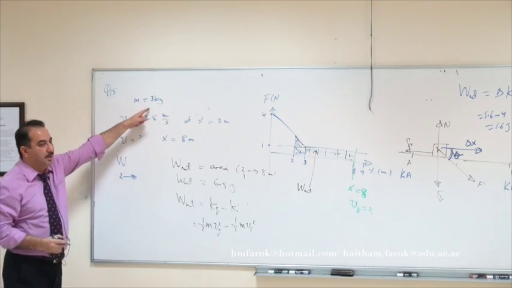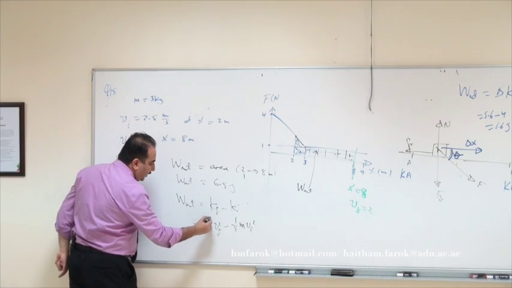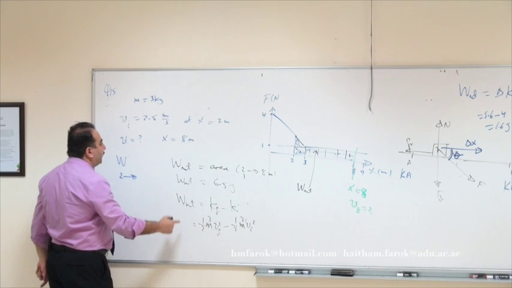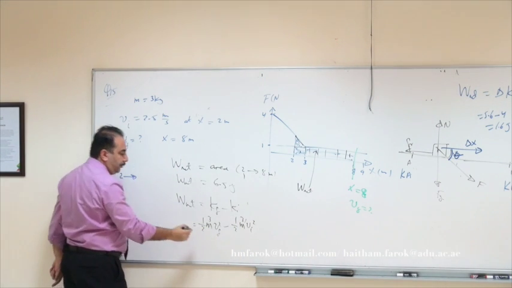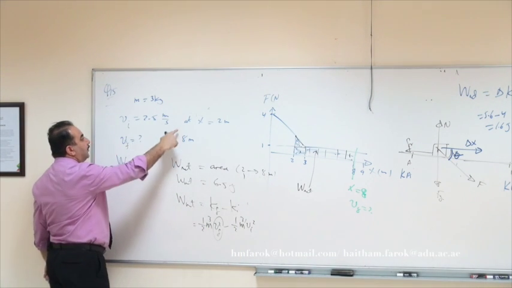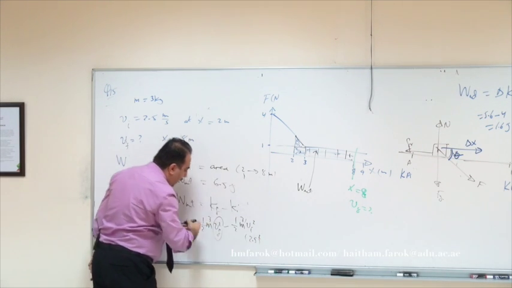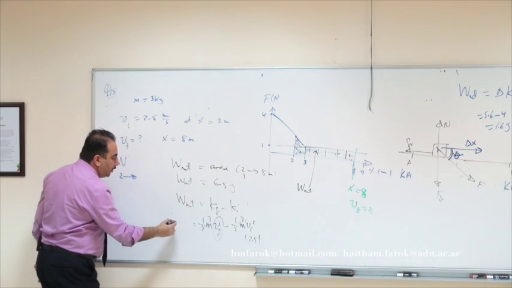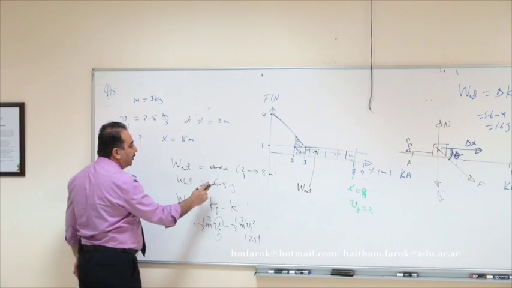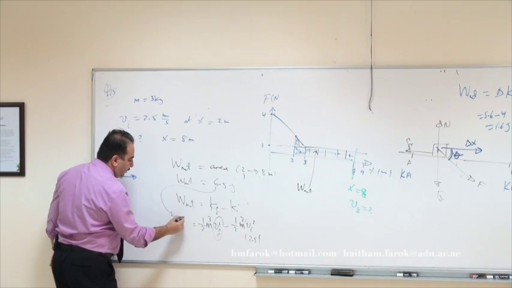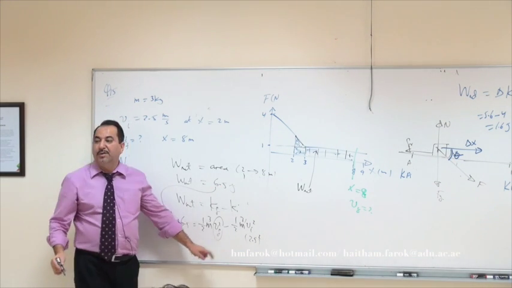What is the mass? 3 kilograms. So this is a 3. Final velocity unknown. Initial velocity 2.5. And W net 6.5. You find the unknown final velocity.